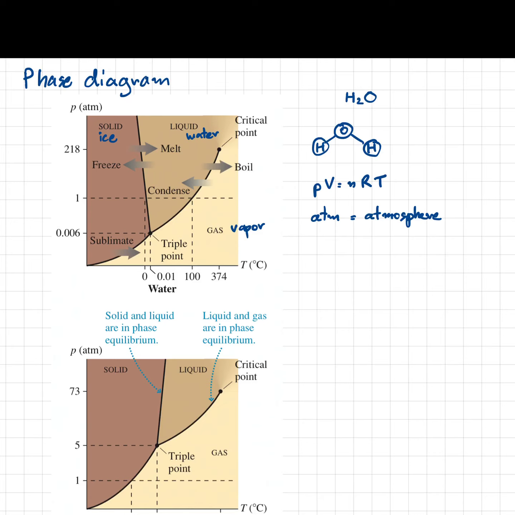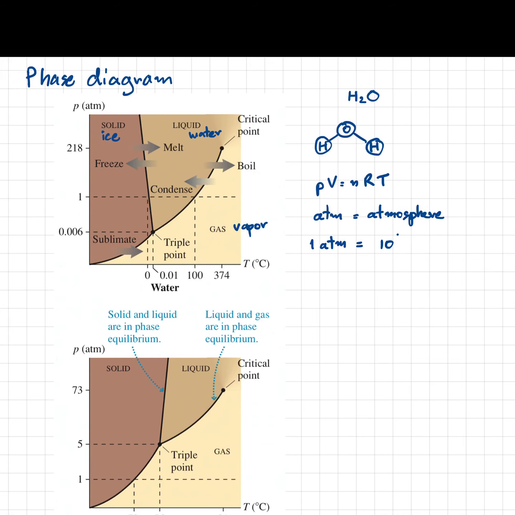So it's the pressure of like normal atmosphere. So what we are experiencing right now is roughly about 1 atm, right? So 1 atm is the standard pressure for like regular elevation, not too high and not too low, right? So that's about 10 to the 5 Pascal. So it's pretty high.